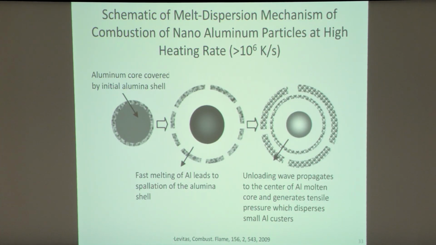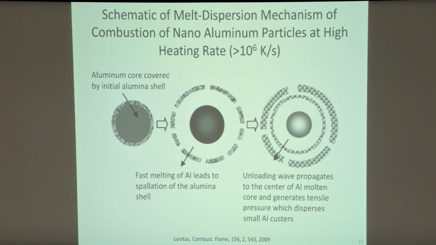Now there's been many theories that have been proposed how nanoparticles can react and even micron particles. I showed you those ignition temperature data plot as a function of diameter. And the general idea is if I'm heating up say an aluminum particle, the expansion during melting of the aluminum basically puts stress on the oxide layer, which hasn't melted.